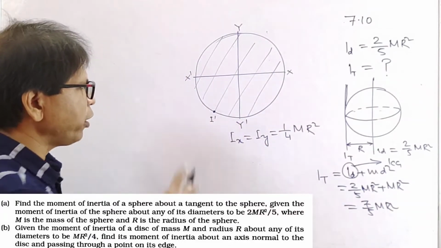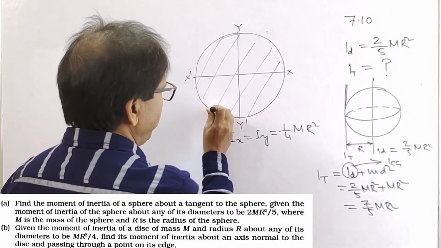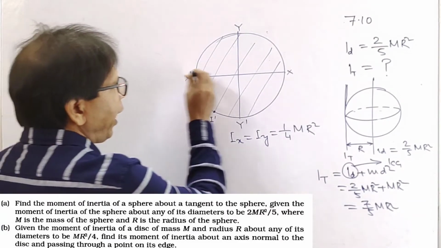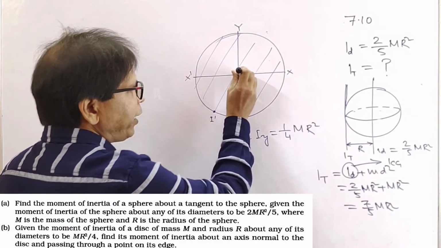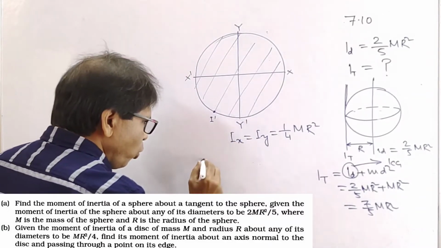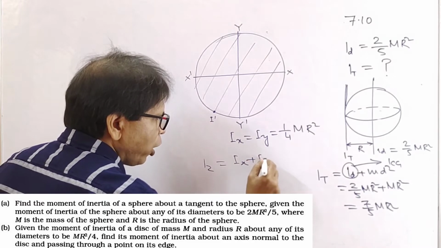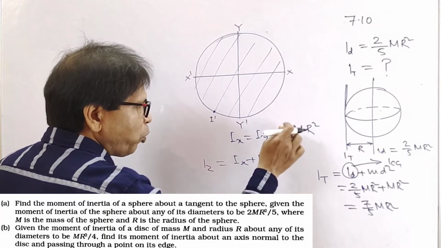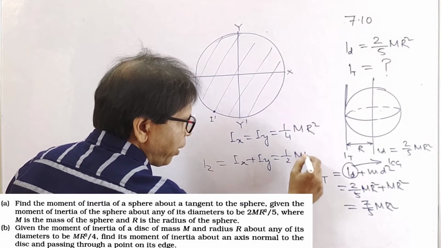We have to calculate the moment of inertia passing through a tangent normal to the plane. Here Ix and Iy are given, so we can easily calculate Iz. So Iz equals Ix plus Iy, which is 1 by 4 M r square plus 1 by 4 M r square, so this is half M r square.